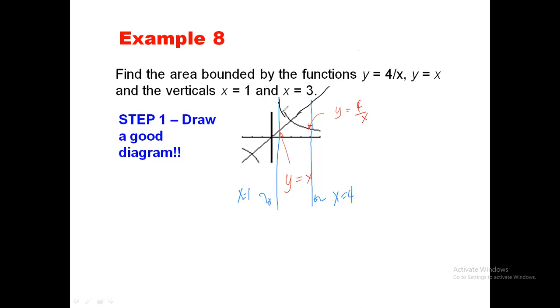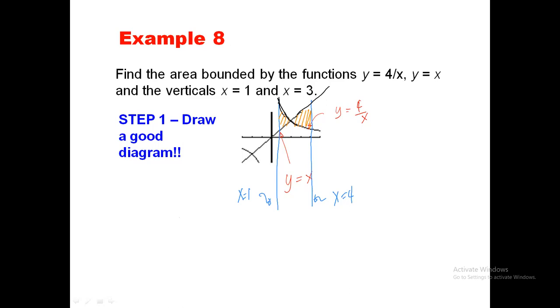This is the area bounded by the curve, the line, and the two vertical lines. Okay, that's it, the importance of knowing how to do curve sketching.